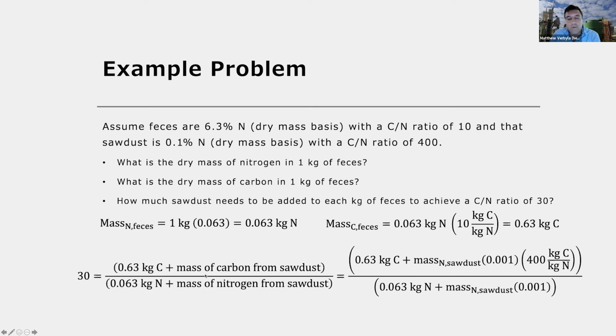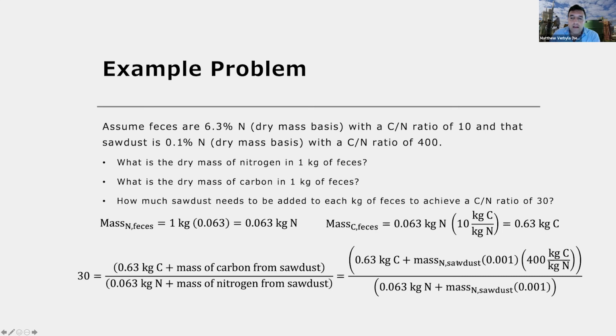So we can set this equation up to solve for the total mass of the sawdust, using the same series of calculations that were performed above for the fecal matter.